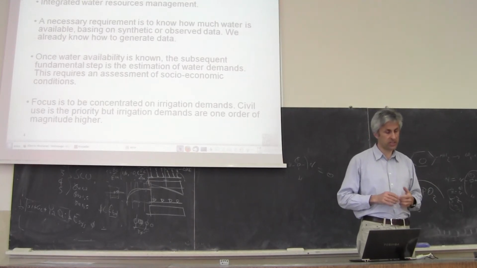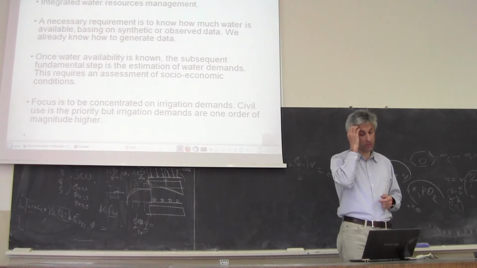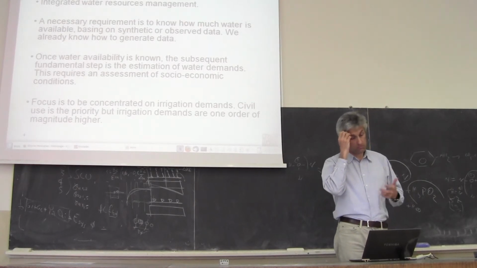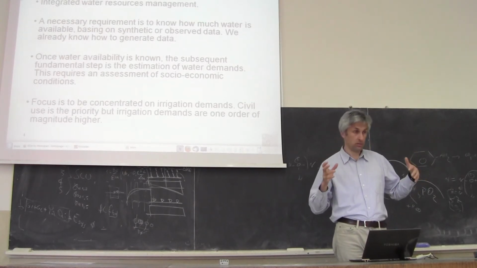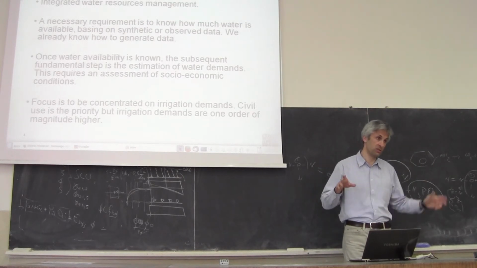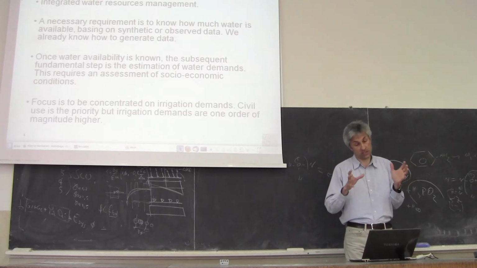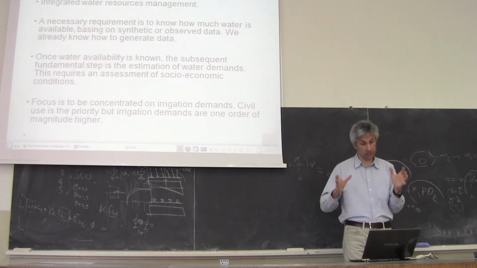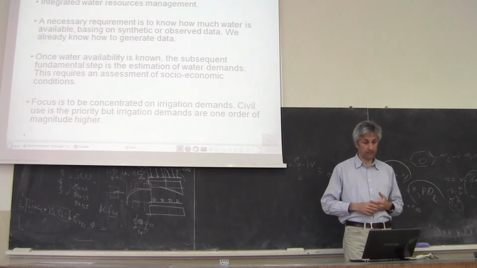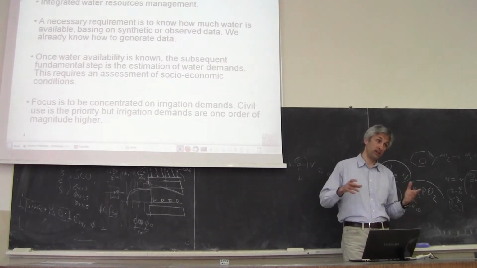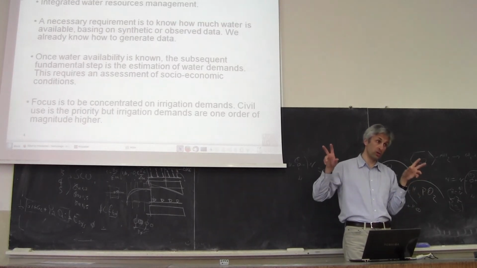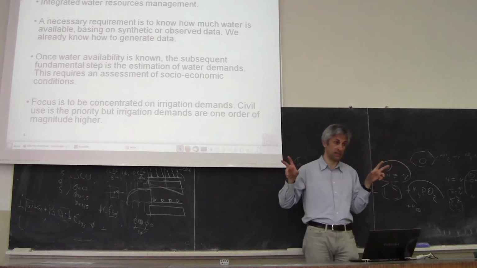We already know that a necessary requirement is to know how much water is available, and we dedicated the first 40 hours of this subject to a part of the solution to this problem. And we also need an estimation of the water demand.